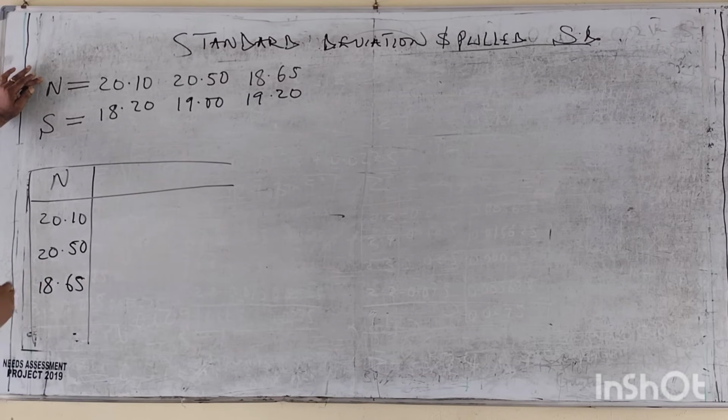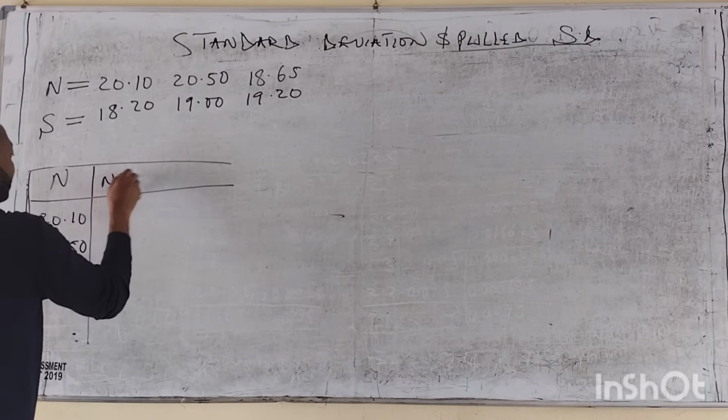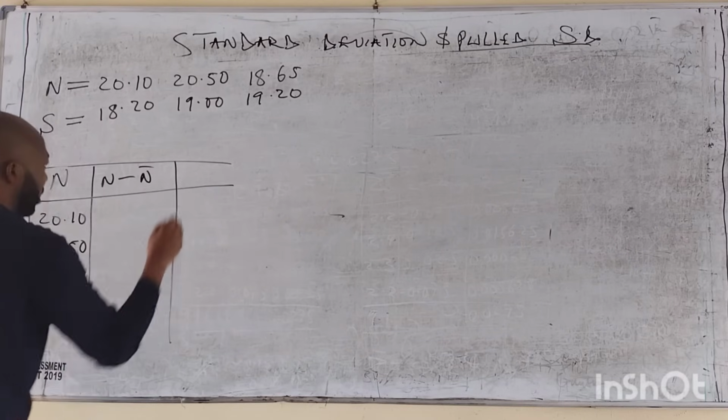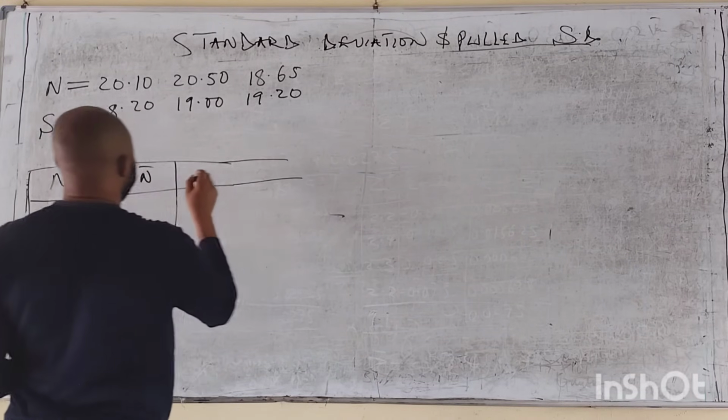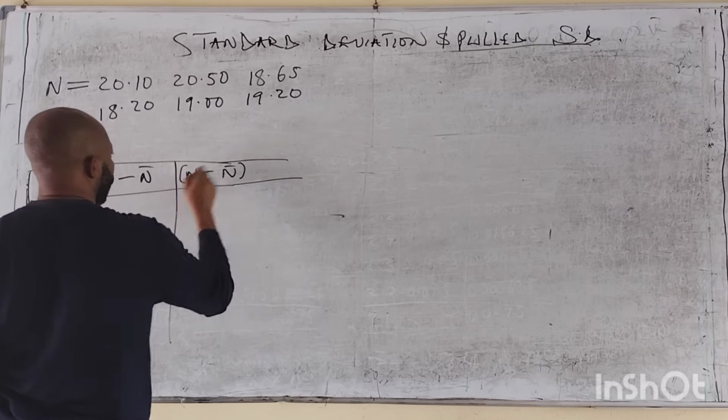We'll have N minus N bar, which is the mean, and we're also going to have N minus N bar squared.